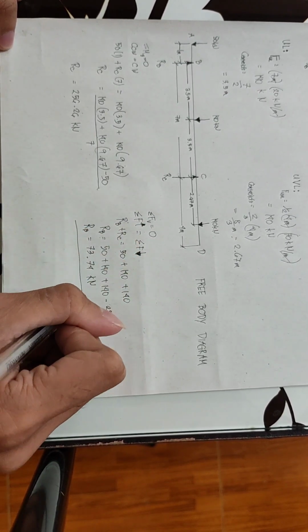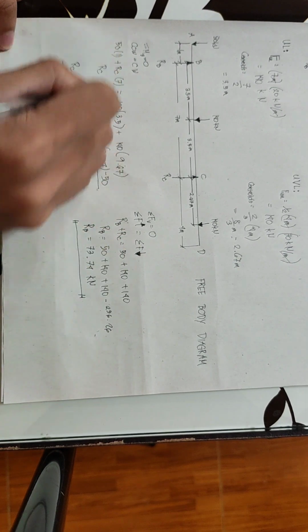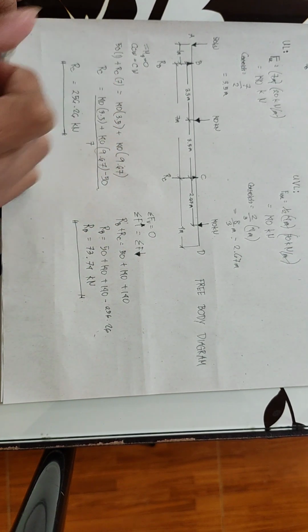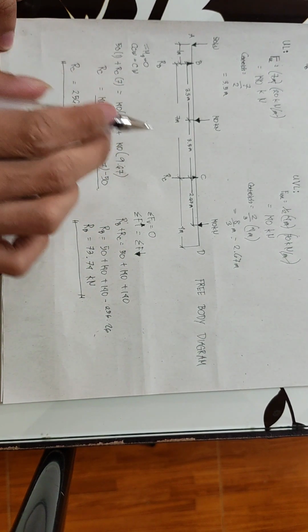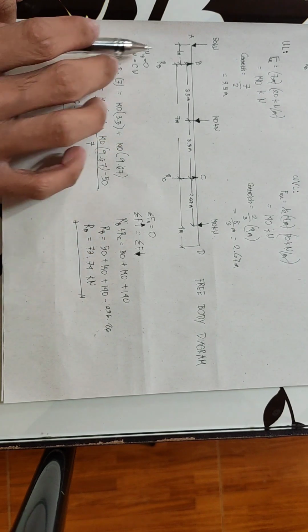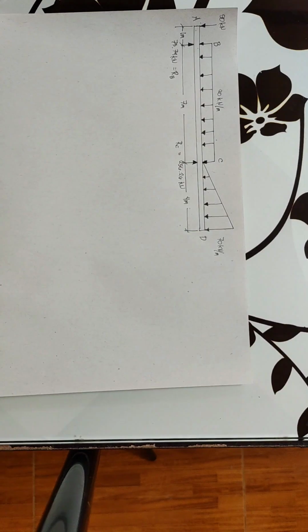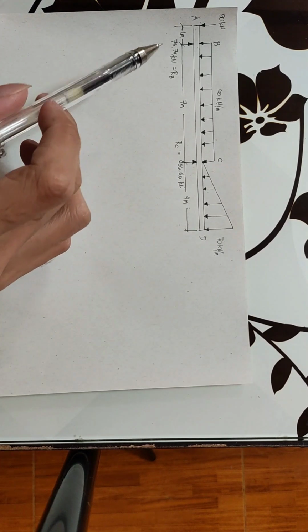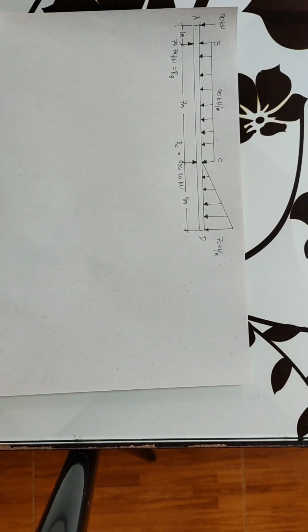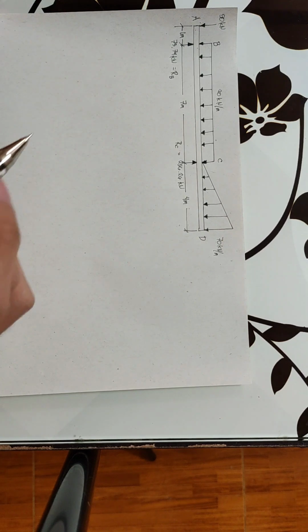So these are our reaction forces: RC in this one, RB in this one. So since we get the reaction forces on RB and RC, what we're going to do next is solve their moment and shear in each segment.